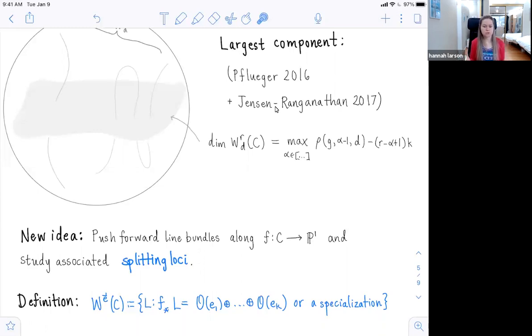And this tuple of integers, e, which I'll call the splitting type, is a new discrete invariant. And so I'll define W^e(C) to keep track of those line bundles whose push forward has splitting type e or a specialization thereof.